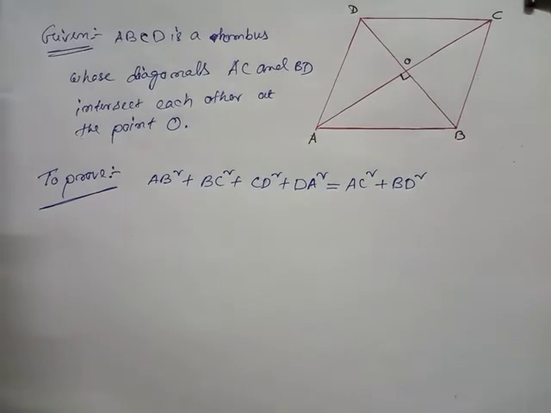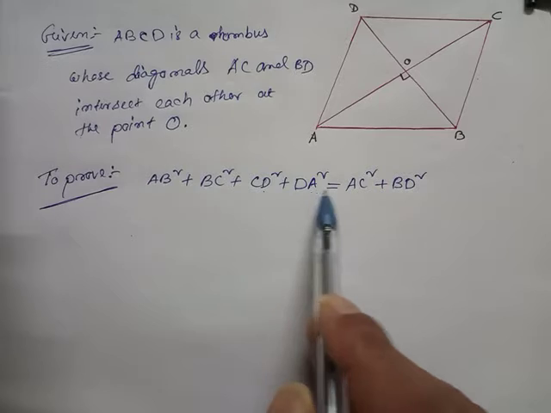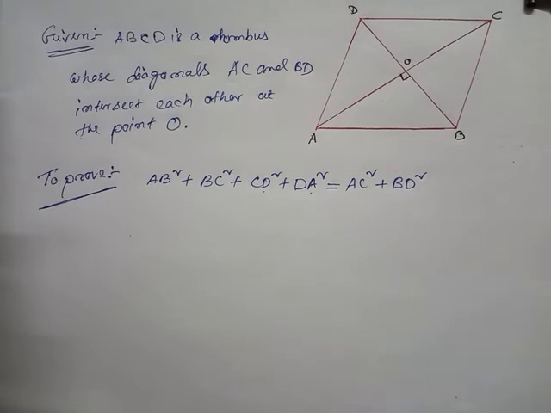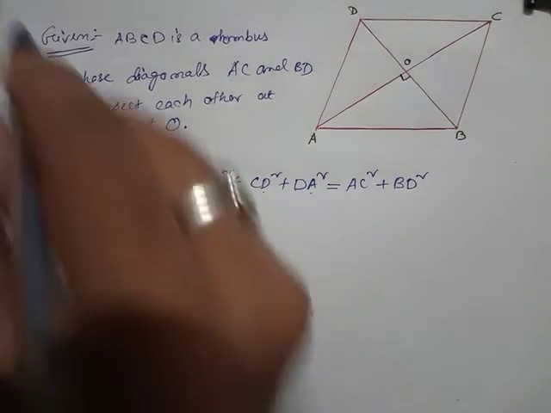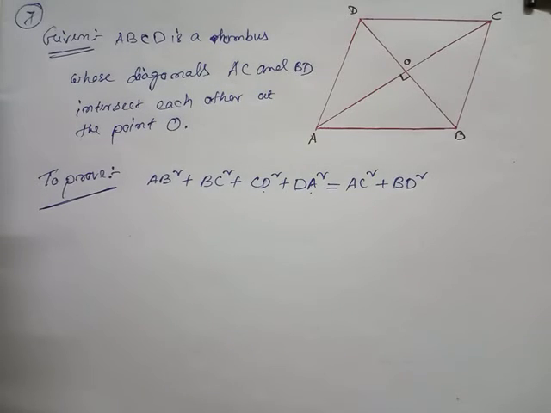We have to prove this one. Now look how to prove this one. This is the given and to prove only from question number 7. So let's have a look how to prove this one.